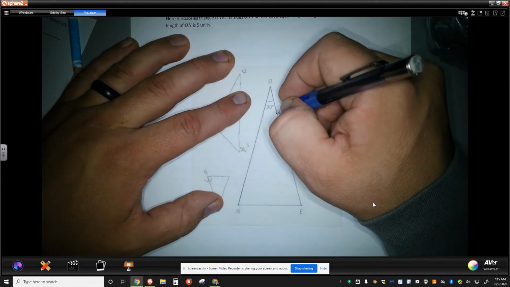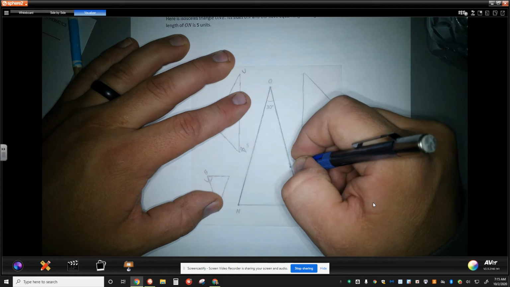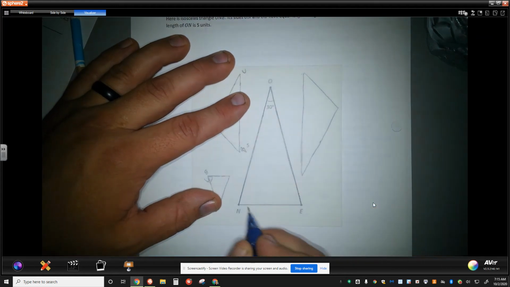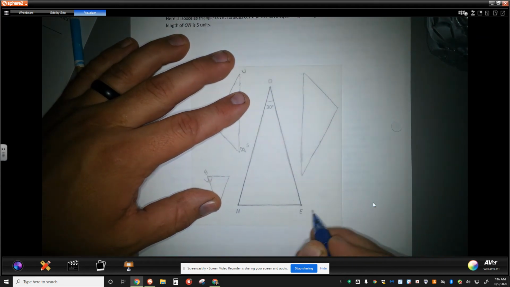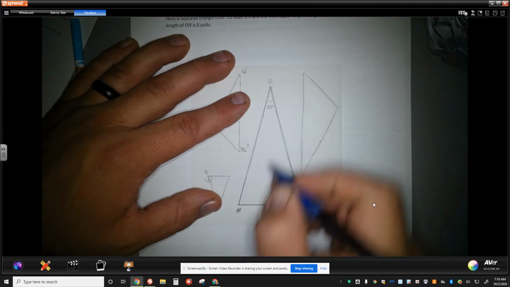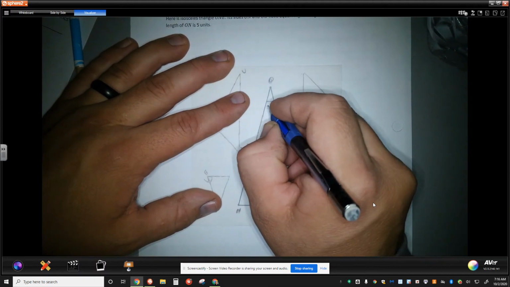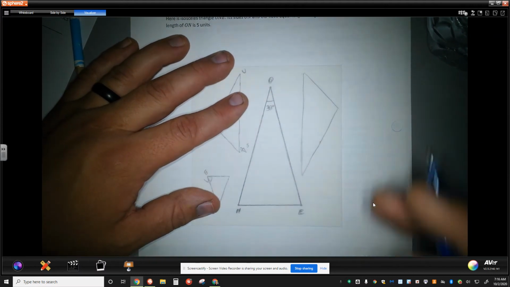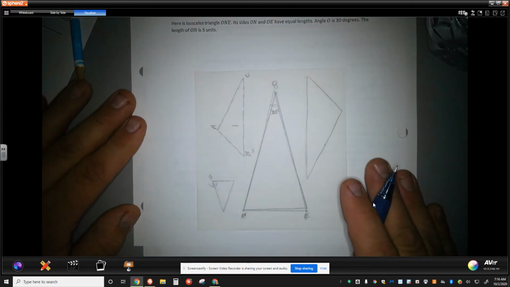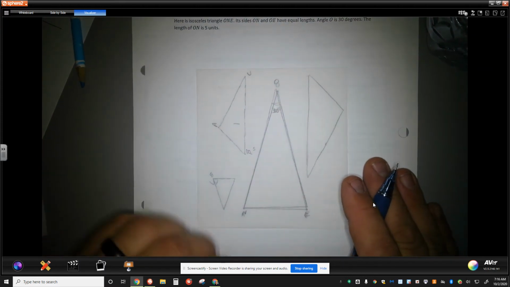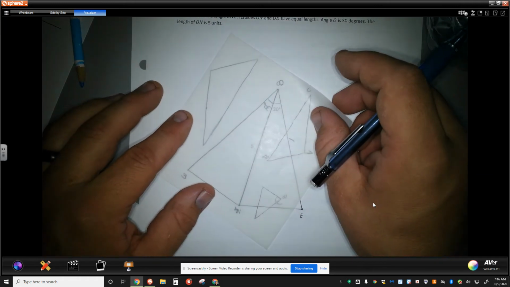Go ahead and draw our sides. E, N, O, 30 degrees. And it said to reflect the triangle across ON. So we go across ON.